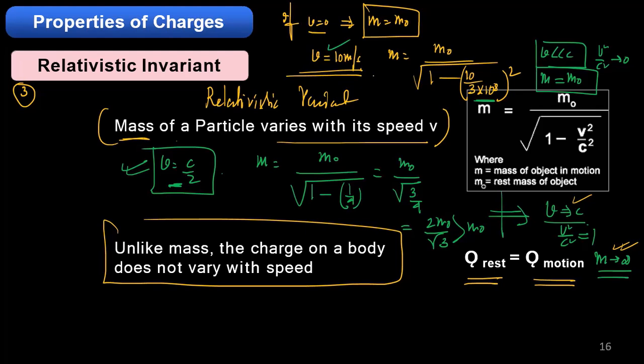If a particle has 2 Coulomb charge at rest, it remains 2 Coulomb; if it moves with a very high speed, the charge does not change. It remains the same. That's why it is called relativistic invariant. It does not vary.